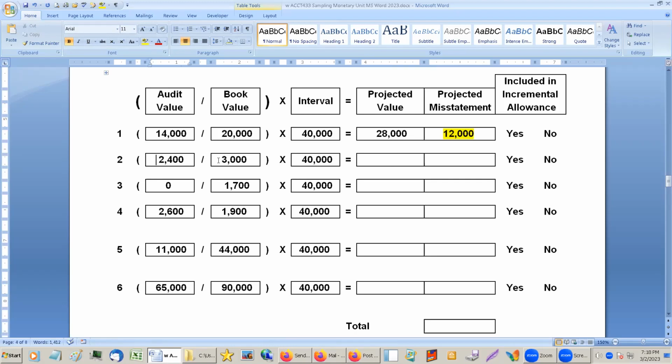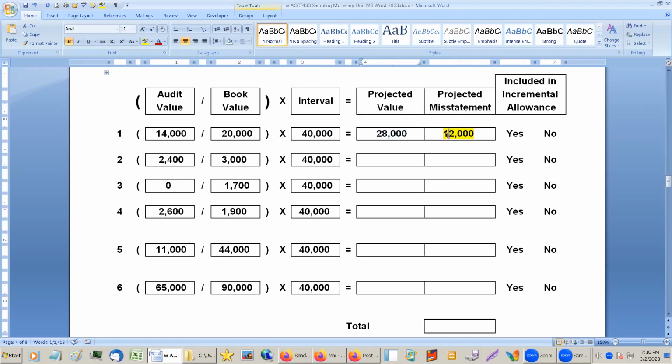Okay, so we do the same thing for the next one. We do the ratio, 2,400 divided by that. How does she get 12,000? 40,000 minus the 28,000 will give you 12. So this $40,000 interval, we're saying is really only worth 28,000.